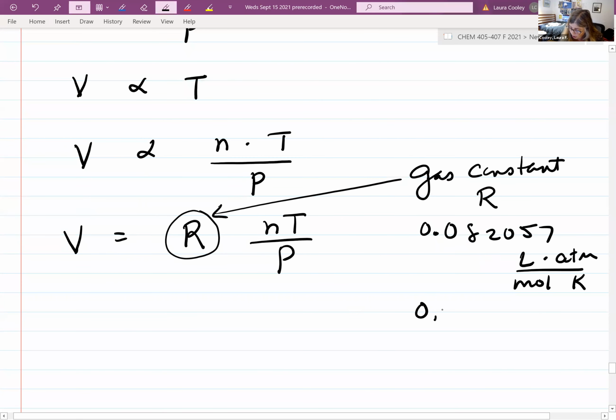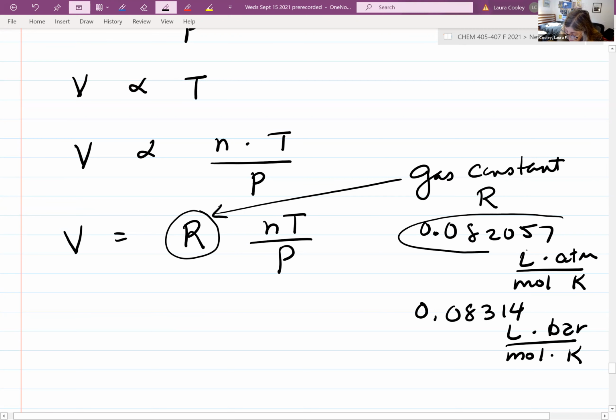or in bar, liter bar per mole Kelvin. Generally we use this one, 0.08206 is what I generally use. That means you have to have your volume in liters, your pressure in atmospheres, and your Kelvin temperature, of course.